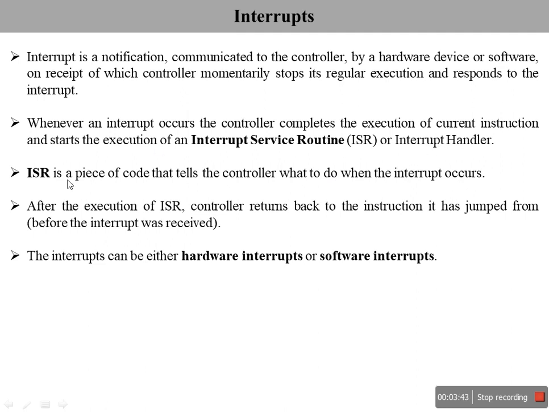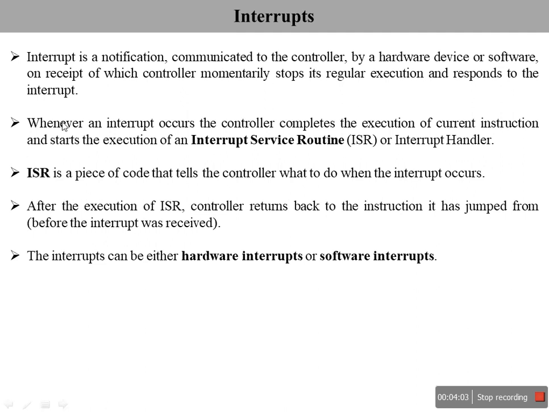An ISR or interrupt handler is basically a piece of code that tells the controller what to do when an interrupt occurs. It is a set of instructions grouped together, called the ISR, and its purpose is to do certain tasks whenever a device needs attention.